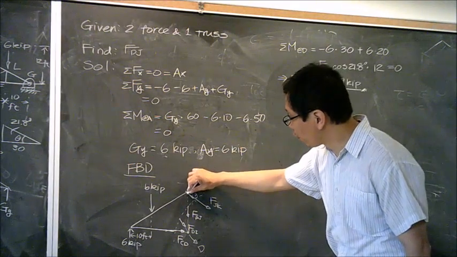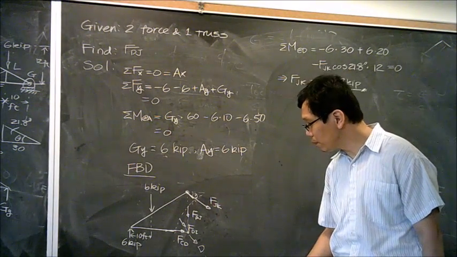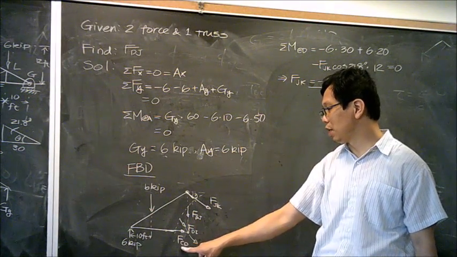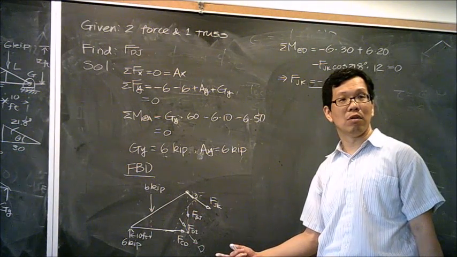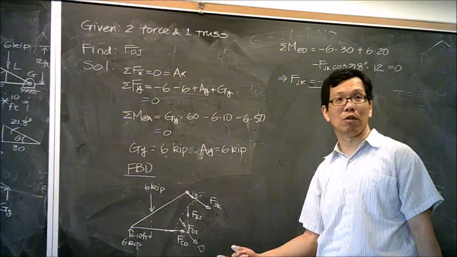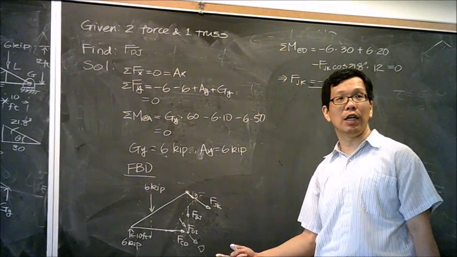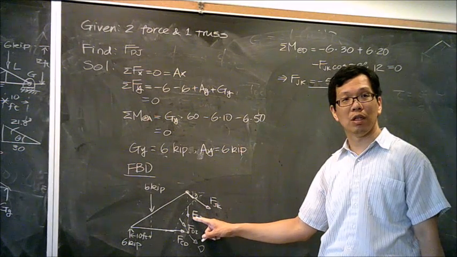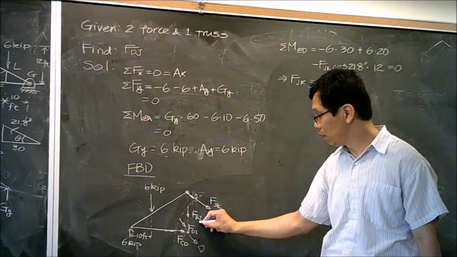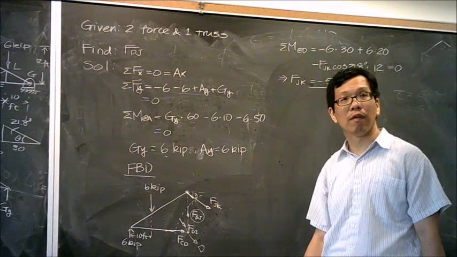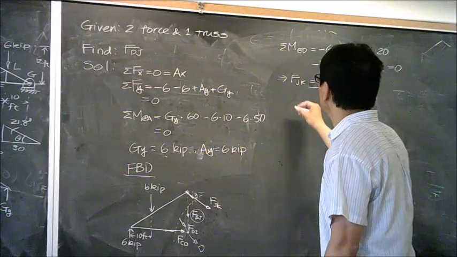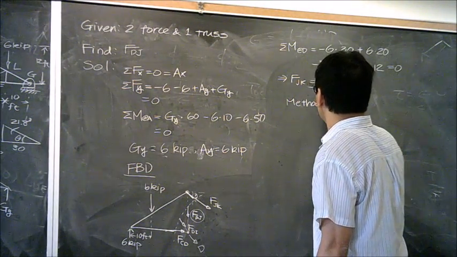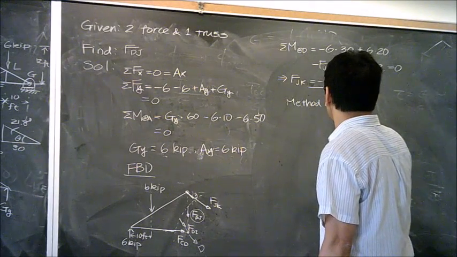So if I need to solve for FDJ, I don't care how much force this one and this one are. So if you don't care how they are, don't bother to solve them. Is there any other way that we can solve for this force which only includes this unknown? We do. In this case, I combine with the method of joints.